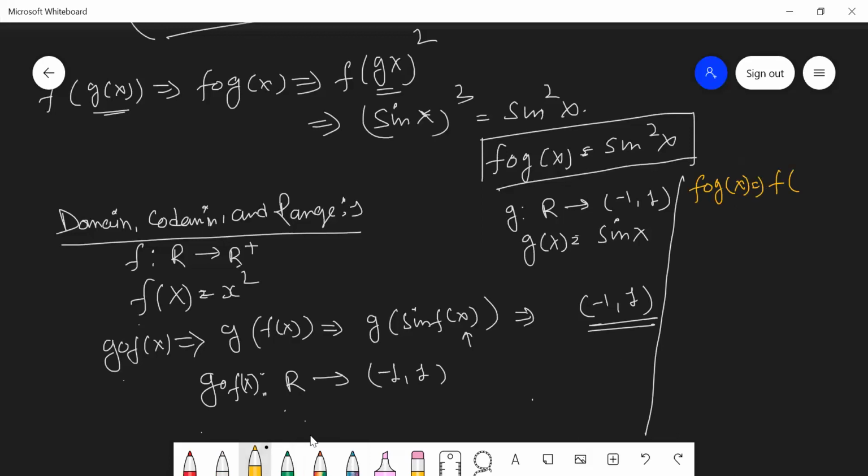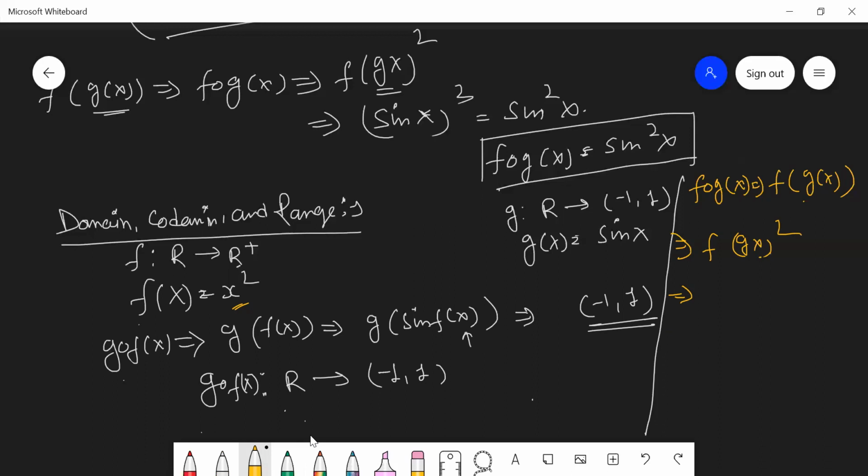We define it as f(g(x)). So f(g(x)) is f applied to g(x), replacing the value with the square, so we take g(x) squared. Here x is any real number, and the values of g(x) lie from -1 to 1.